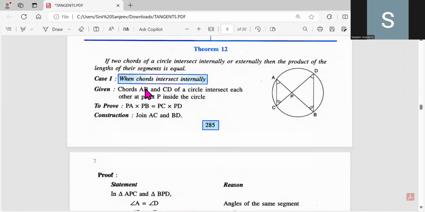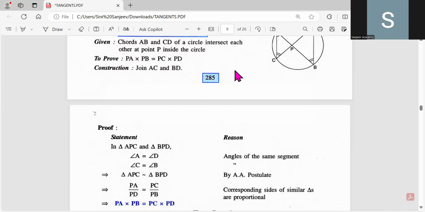Then this theorem. Most of the questions in the board are based on this theorem. If two chords of a circle intersect internally or externally, then the product of the lengths of the segments is equal. So there are two chords, correct? Yes, and they're intersecting internally or externally. Then the product of the lengths of the segments is equal.